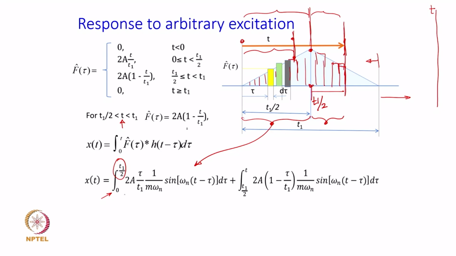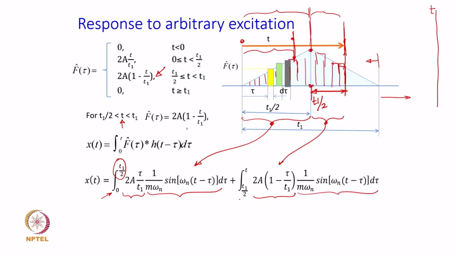So, 0 to T1 by 2, and then you can notice that this is f of tau and the unit impulse response function, and then added to that the contribution coming from this part of the total excitation. Okay. Now, for this, f of tau has a slightly different mathematical form, as you can see here, and so that is getting replaced, followed by the same unit impulse response function.